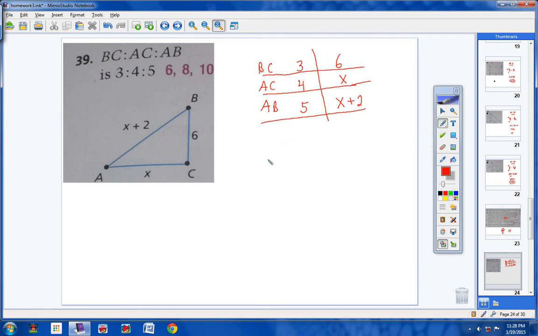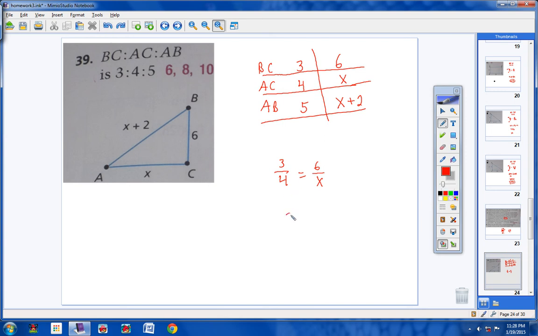So I've got a ratio of BC over AC, 3 over 4, equals 6 over X, okay? Now, Mr. Earhart, why did you pick those two? Well, I picked those two because I knew here there were no unknowns, and here there's only one unknown. So I knew I could use 3/4 and 6 over X, and that way I have one unknown.